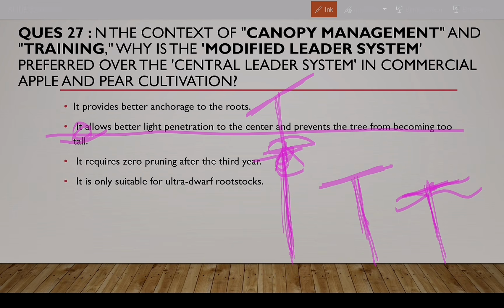And in the open center system, due to snow, there will be breakage of limbs in case of apple and pear. In the modified leader system, after some time the center leader is cut, then we get a great anchorage, and harvesting will also be easy.